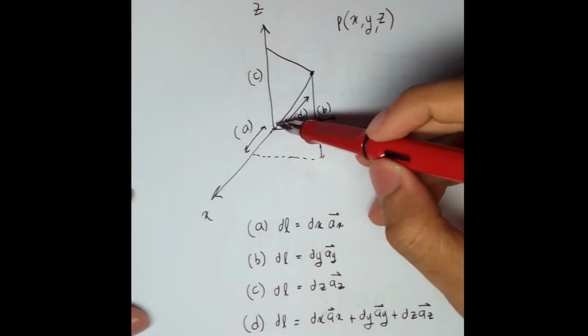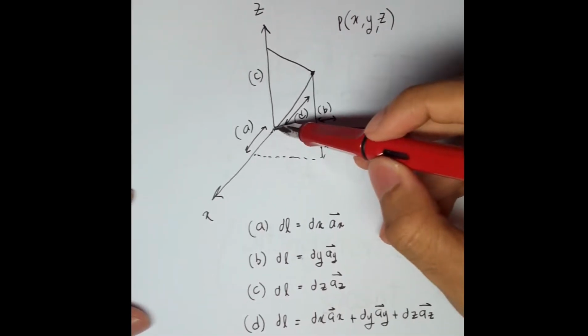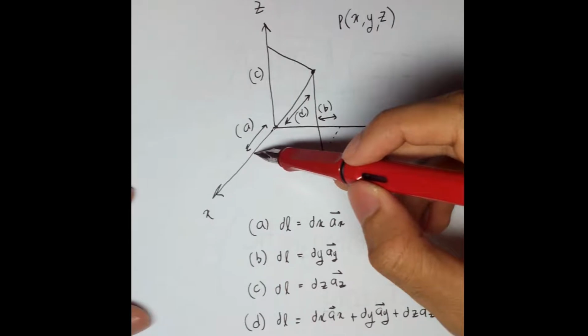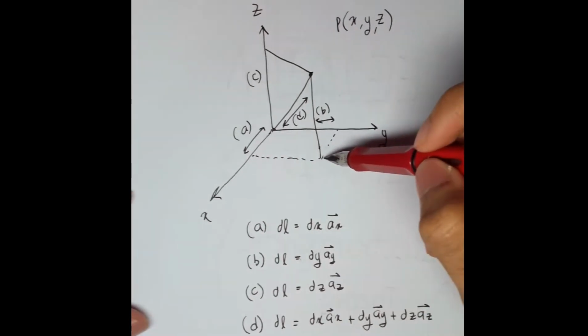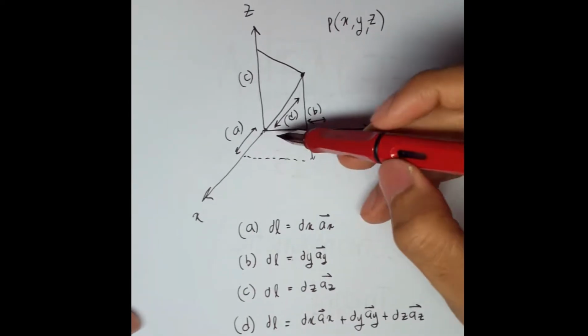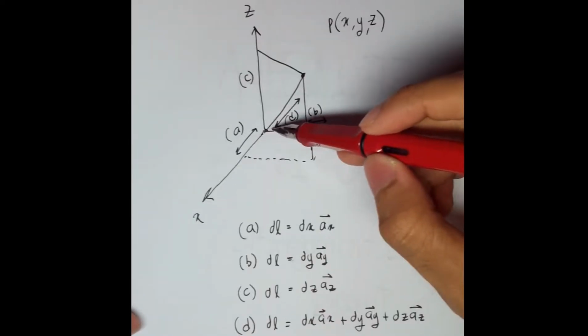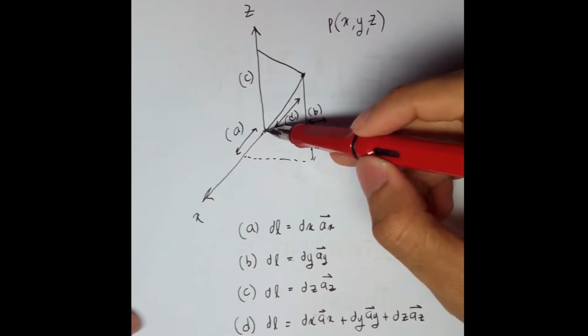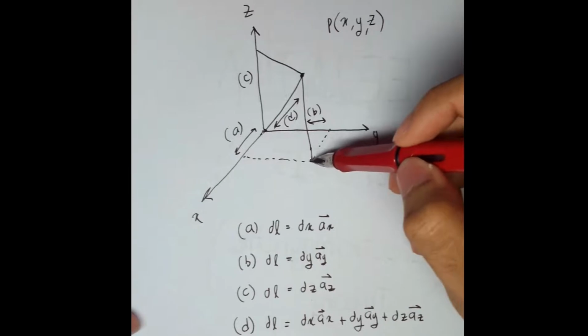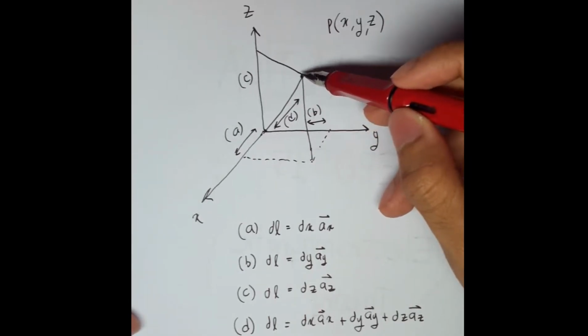So we take the displacement from the origin to the differential length of A, to the differential length of B, and to the differential length of C. Same goes when we go in this direction, from the origin to the differential length of B, to the differential length of A, to the differential length of C.